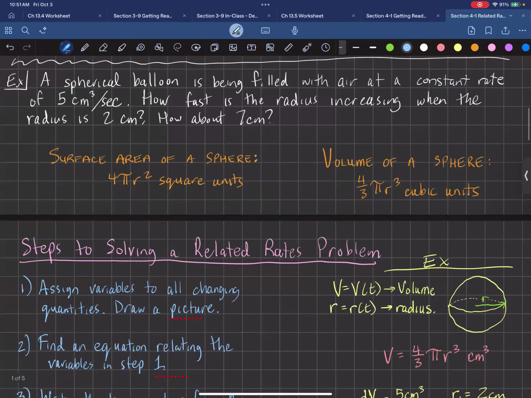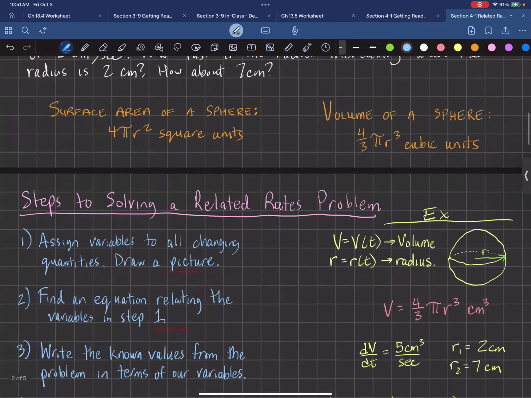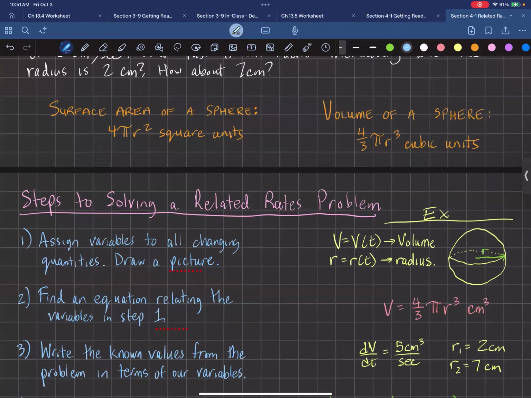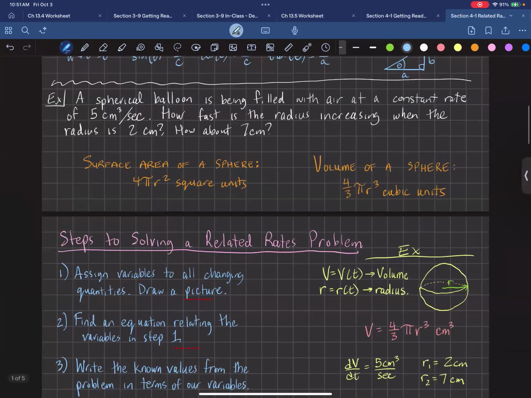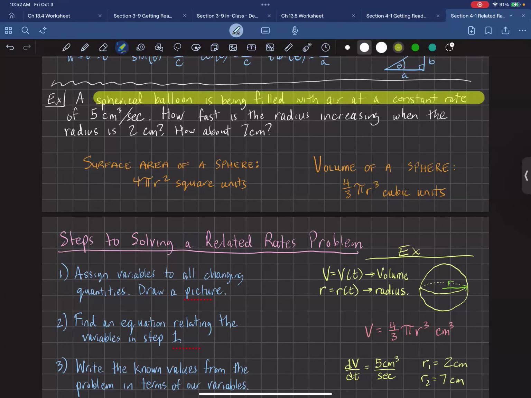Next step, find an equation relating the variables in step 1. We had the volume equals 4/3 pi r cubed centimeters cubed. And then you want to write the known values from the problem in terms of our variables. It said a spherical balloon is being filled with air at a constant rate of 5 centimeters cubed per second.